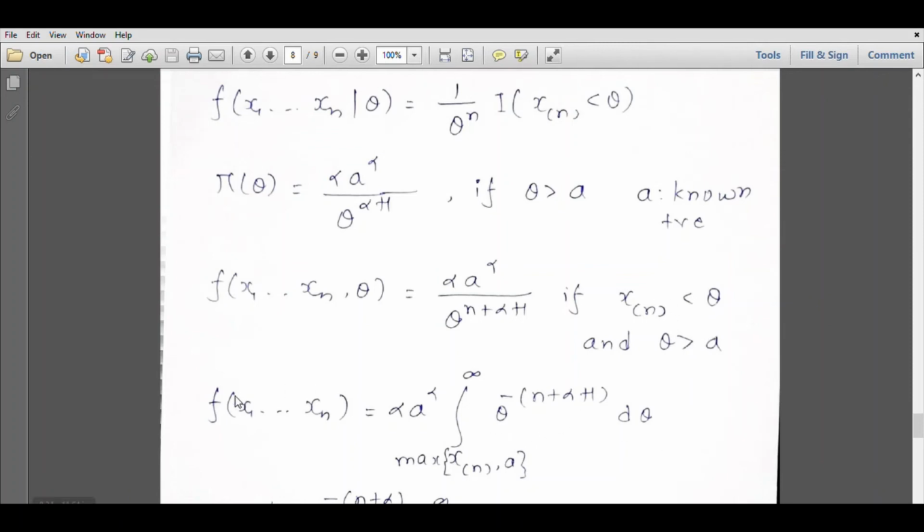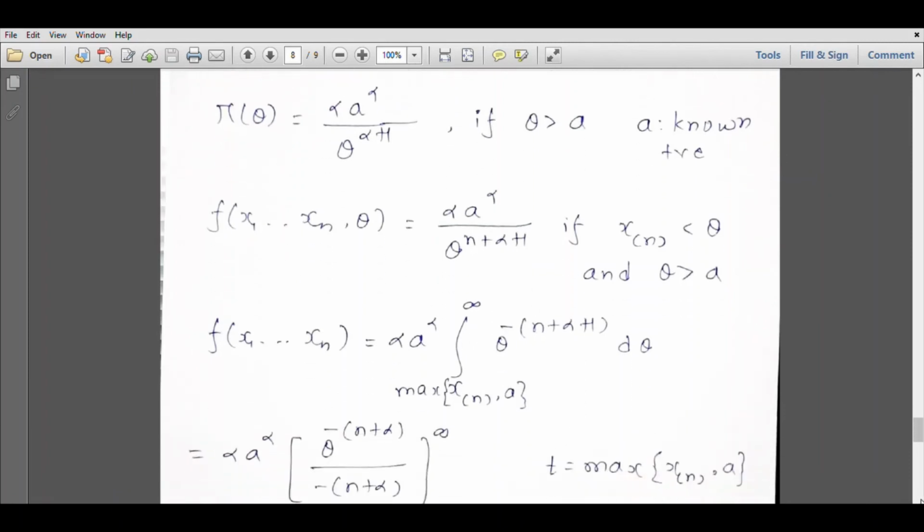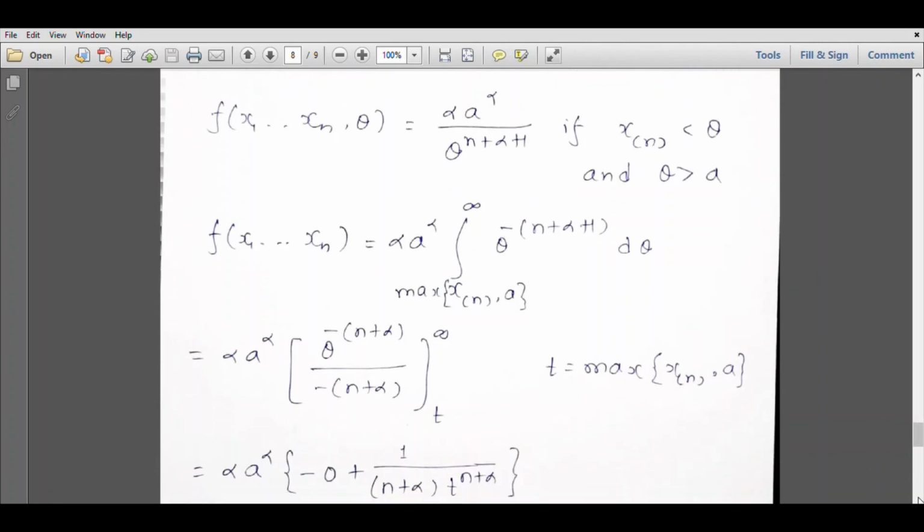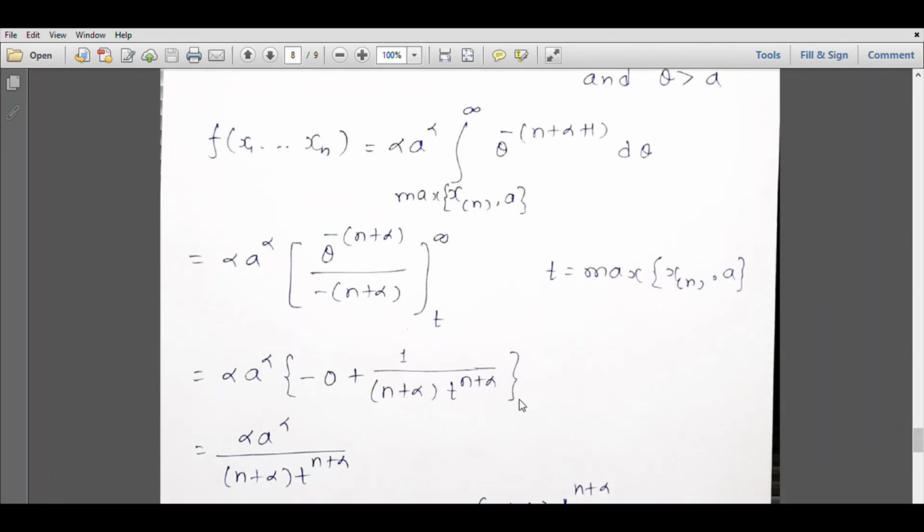In order to find the joint distribution of xi's only, we'll have to integrate this with respect to theta, and so the lower limit of theta will be the maximum of x ordered n and a, to infinity. If we solve this, finally we get this as the joint distribution of xi's, where t is the maximum of x ordered n and a.